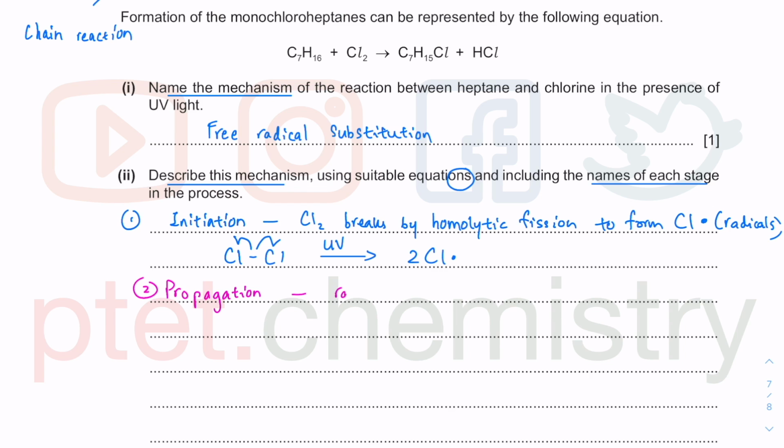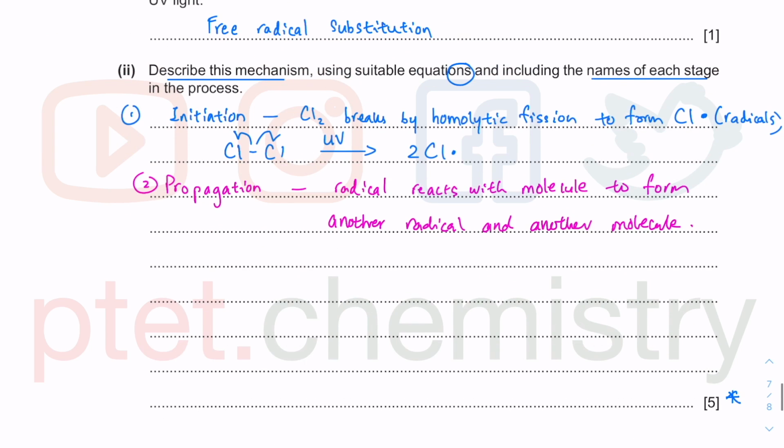So a radical reacts with a molecule. The molecule has no charge, it's not a radical, to form another radical, and then another molecule and another molecule. So you must have a radical on the left and a radical on the right. That is the idea of propagation.